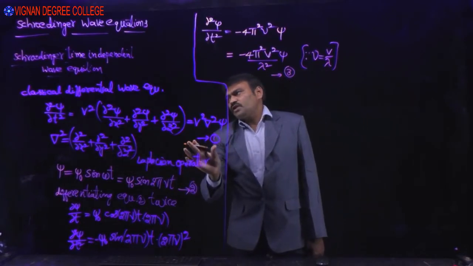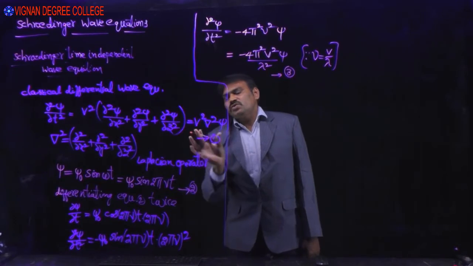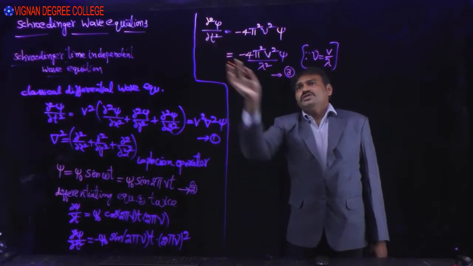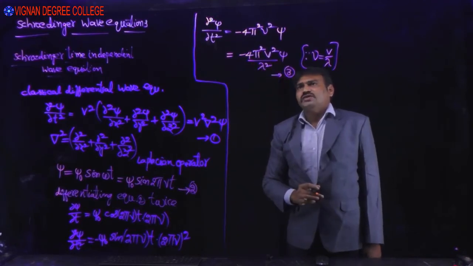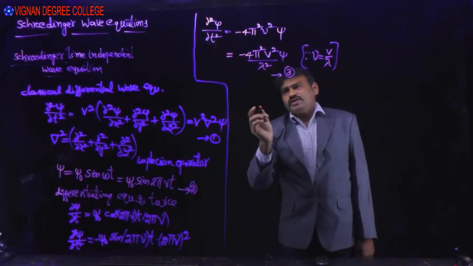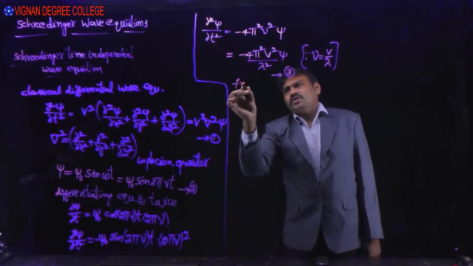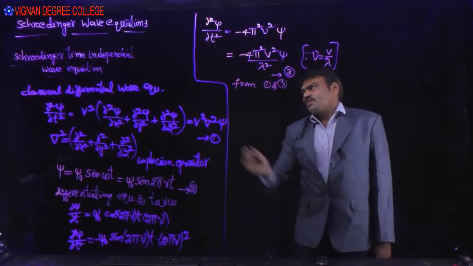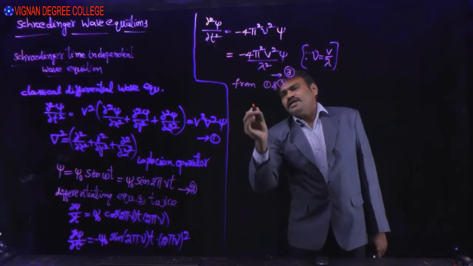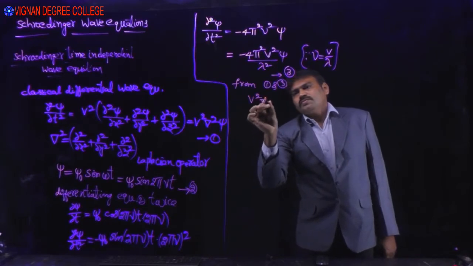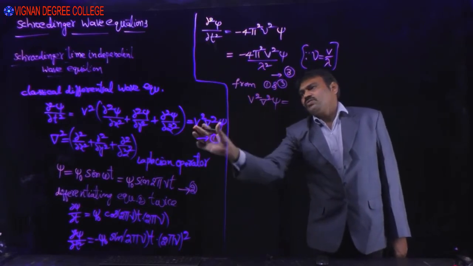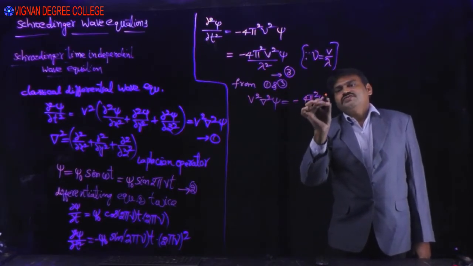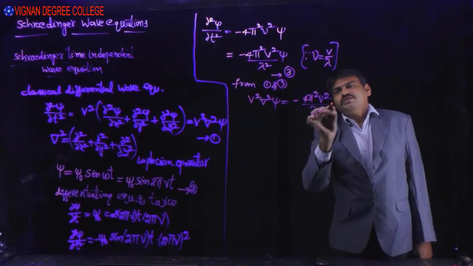Compare equation 1, dou square psi by dou t square is equal to v square del square psi, and equation 3, dou square psi by dou t square is equal to minus 4 pi square v square psi by lambda square. From equations 1 and 3, v square del square psi is equal to minus 4 pi square v square by lambda square into psi.